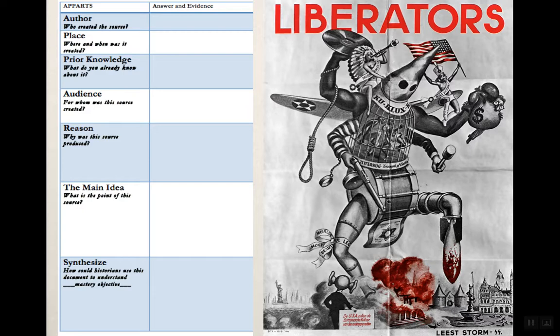So the main idea and the reason, what we'll find is the AP Parts tool is very good at analyzing images of all sorts, but when we run into images like propaganda and political cartoons that have a very, I guess what I would call, argument-heavy message, reason and main idea tend to be very similar, if not the same.